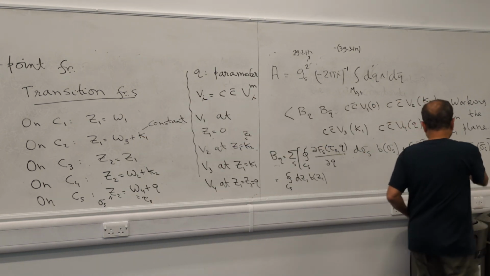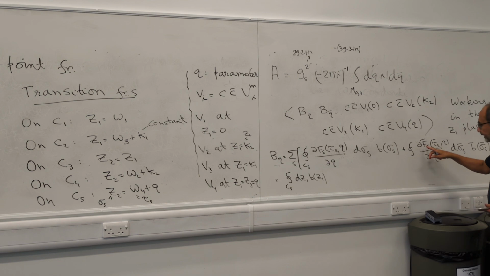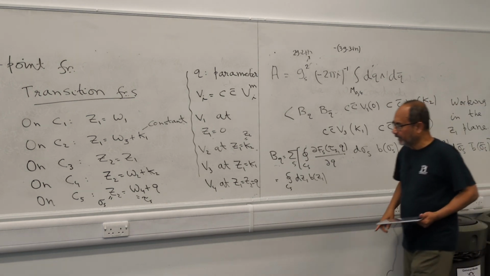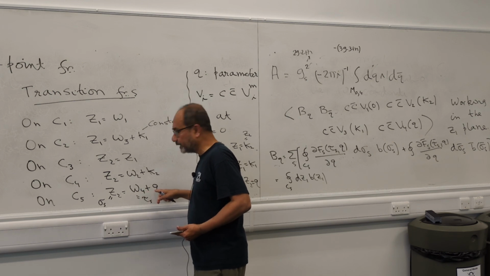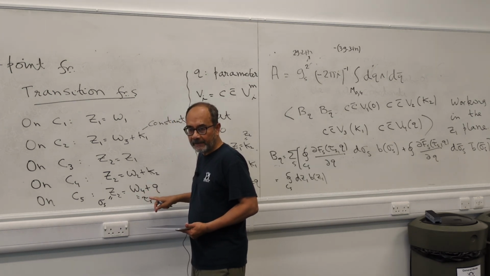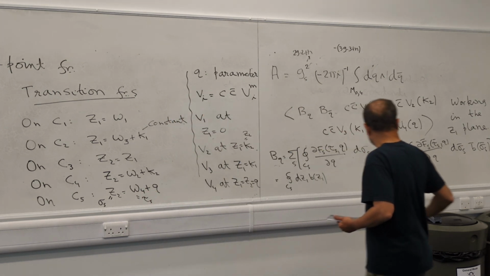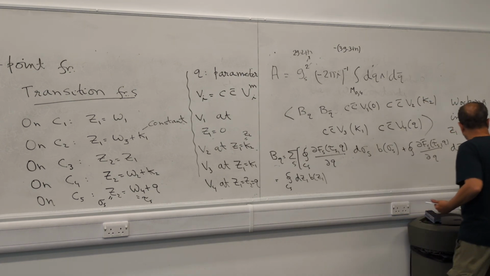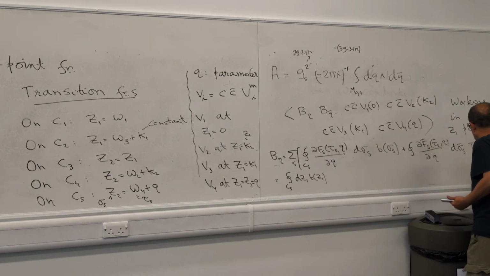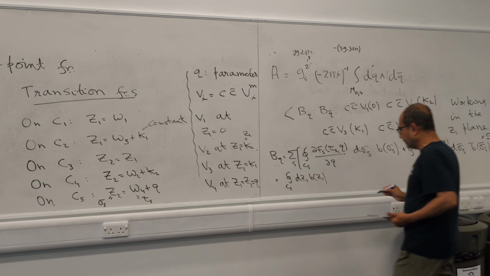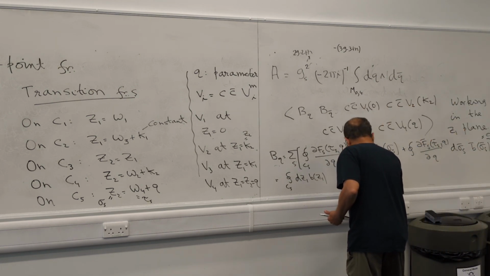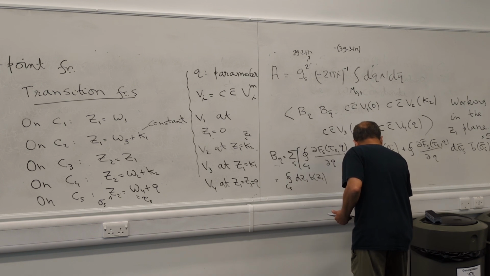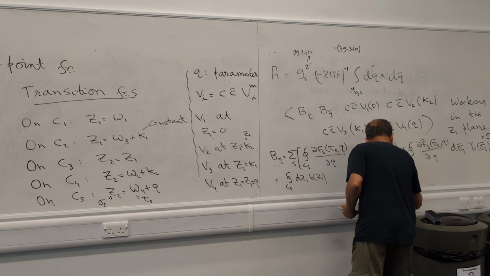This vanishes, because for Fs bar, if you complex conjugate, Z2 bar is W4 bar plus Q bar, so the Q derivative is 0. So this is 0. Similarly, BQ bar will be the integral over C5 dZ1 bar B bar Z1 bar.